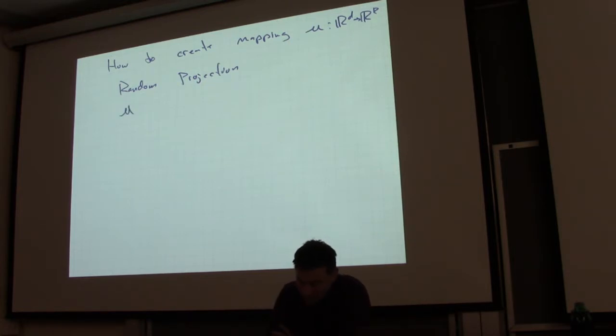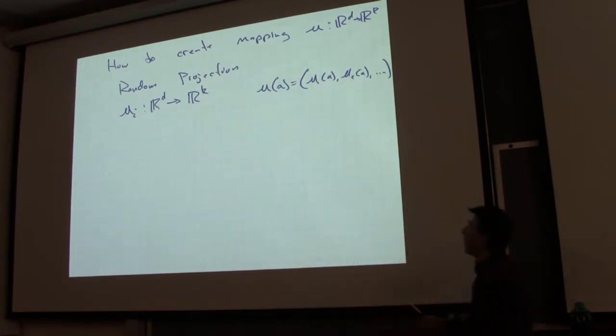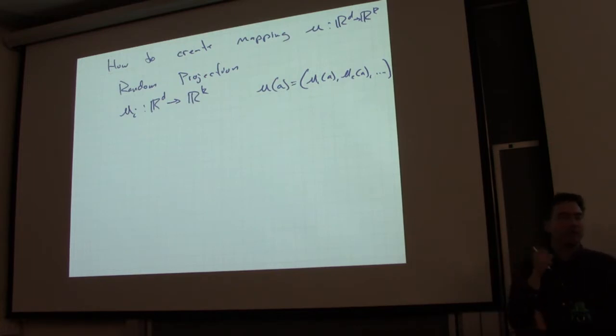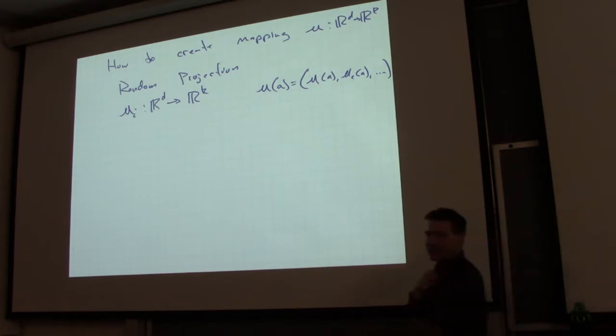We're going to call each one mu_i, and this is going to go from R^d to R^k, and then mu of A is going to be mu_1 of A, mu_2 of A, and so forth. So I'm going to create one, and each of them is going to give me one dimension of the new space. And how do I create a random projection?